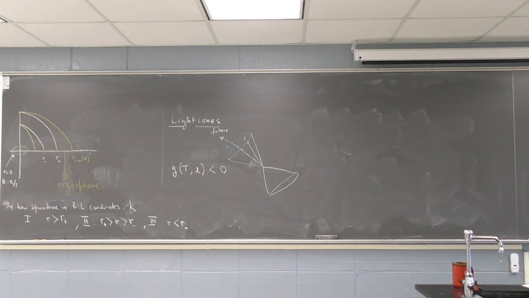As a matter of fact, that's how you know that they are in the same light cone. If you have one time-like vector and one light-like vector, you take their inner product. If it's less than 0, they are in the same light cone.